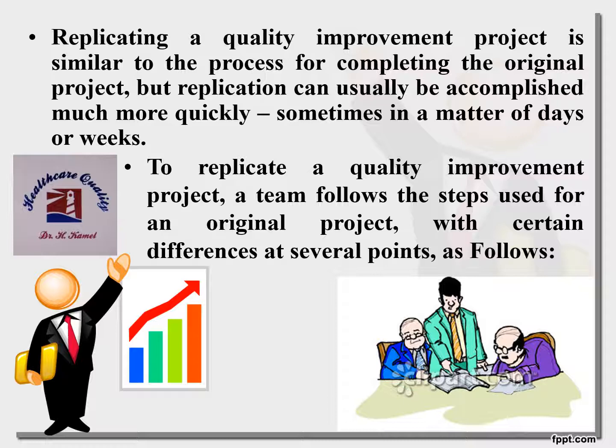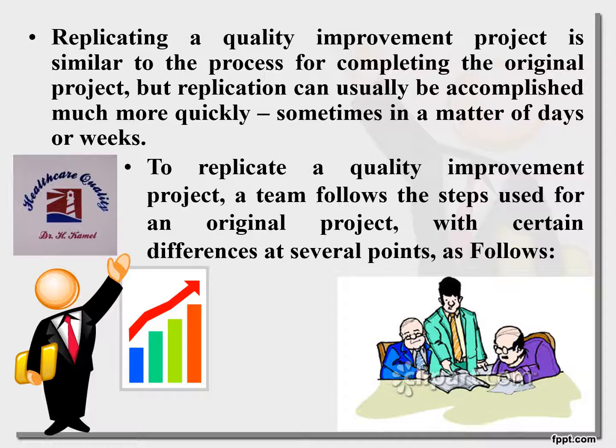Replicating a quality improvement project is similar to the process for completing the original project, but replication can usually be accomplished much more quickly, sometimes in a matter of days or weeks.